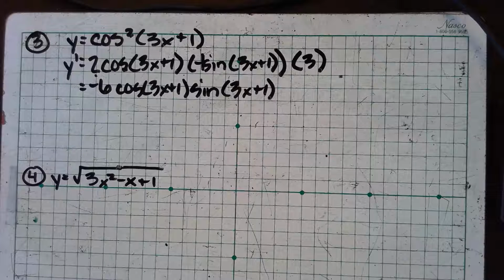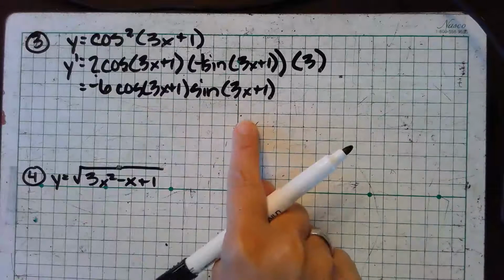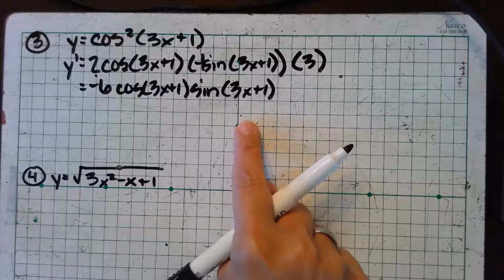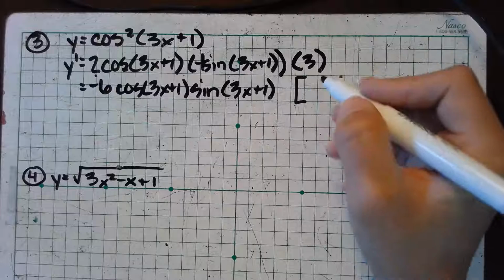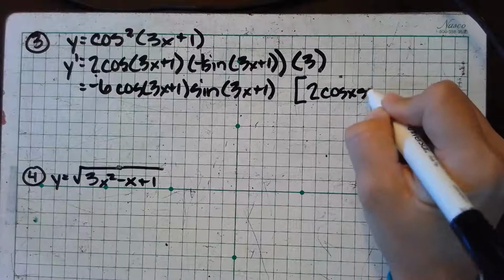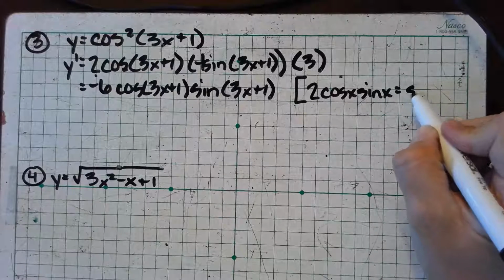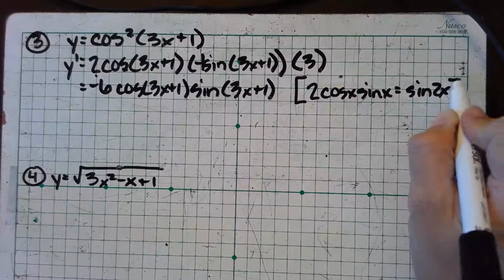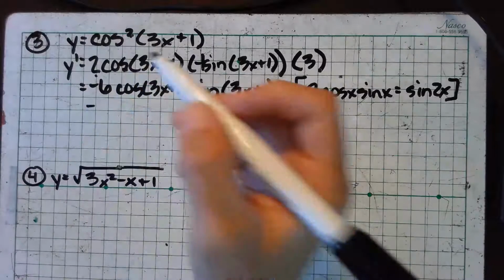Now, I do want to recall something with you because I'm going to change this. If this was multiple choice, they may not have that as the answer. I want you to recall earlier when I said from pre-calc, please remember and memorize things, your trig functions and such. And remember this right here: 2 cosine x sine x. I can actually change this.